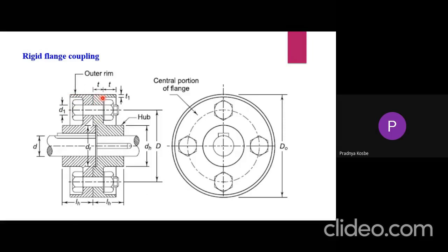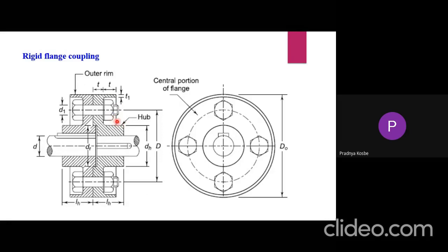This is the thickness of the flange, and extra portion is provided for the protection. If this portion is not there, then this flange is known as unprotected flange coupling, and this portion which is covering nut and bolt arrangement, it is for the protection. If this protection is not there, it is known as unprotected flange coupling.